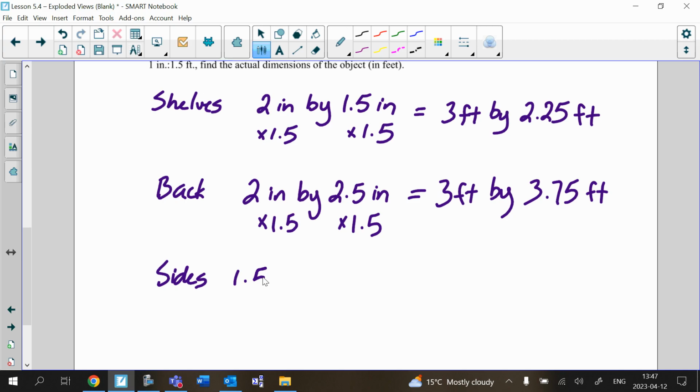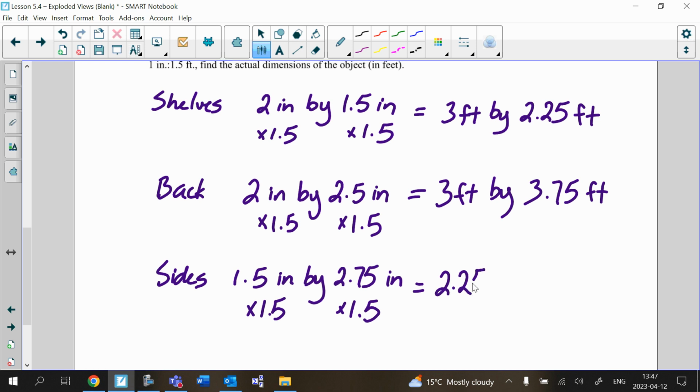And I'll get 2.25 feet by 2.75 times 1.5 is 4.25 feet. Okay. So that's changing scales.